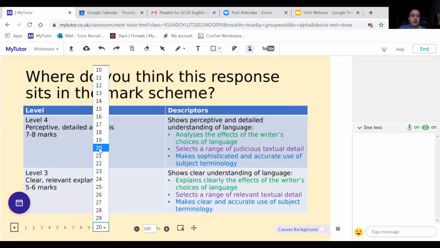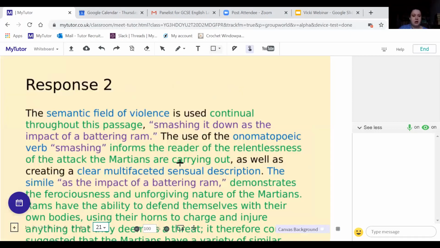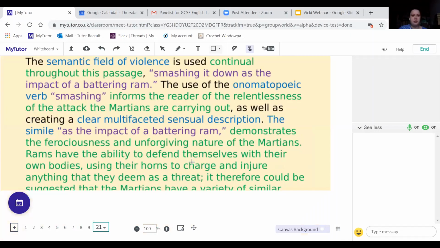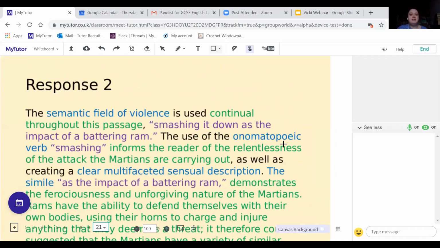Right, let's move on and look at response 2. Oh, it's fallen off the bottom. The semantic field of violence is used continually throughout the passage, smashing it down as the impact of a battering ram. The use of the onomatopoeic verb, smashing, informs the reader of the relentlessness of the attack that the Martians are carrying out, as well as creating a clear, multifaceted central description.